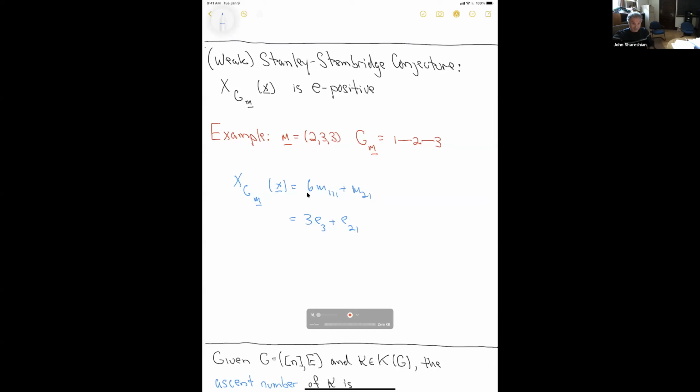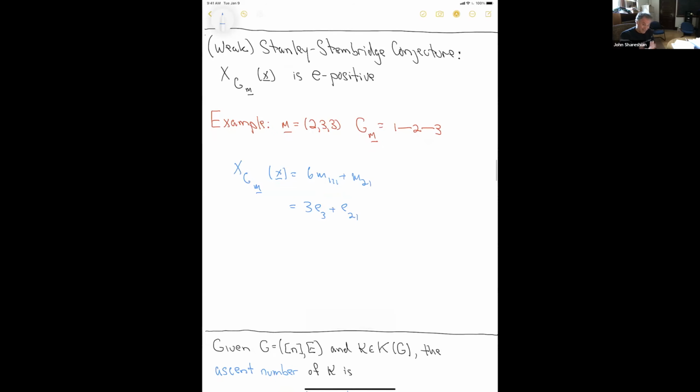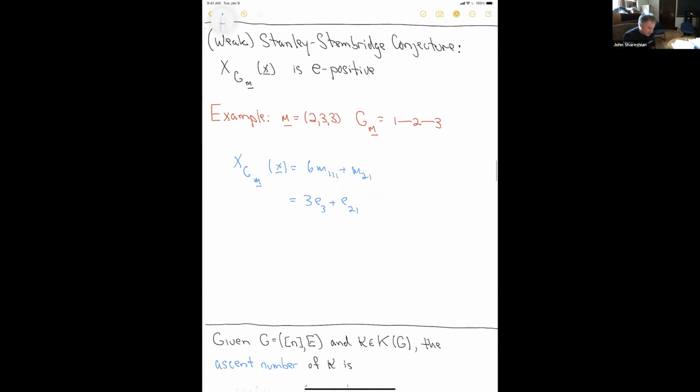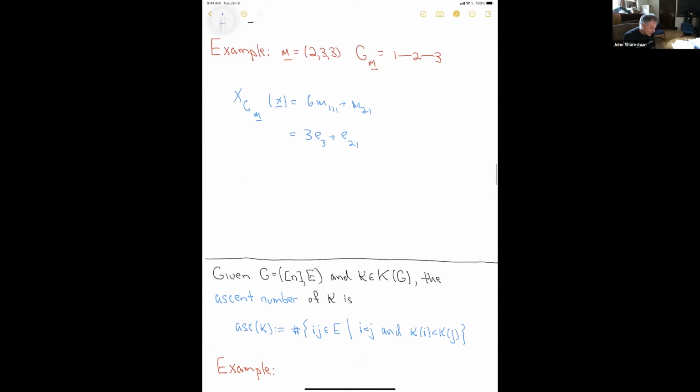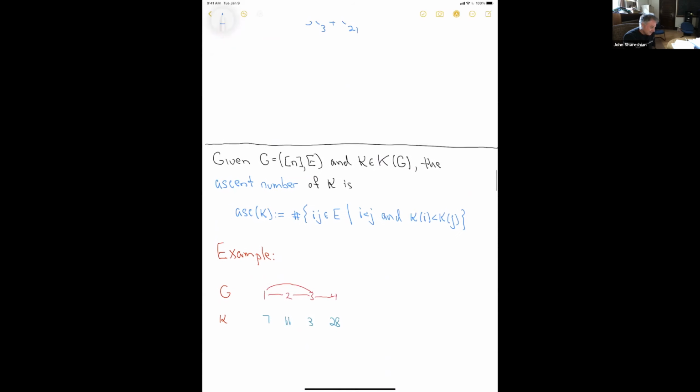So this is an example, right? And the idea is if I take any one of these Hessenberg graphs and look at this chromatic symmetric function, then we're going to get a non-negative integer combination of elementary symmetric functions. As I said, this is hard, it remains open, but we're trying to understand this.